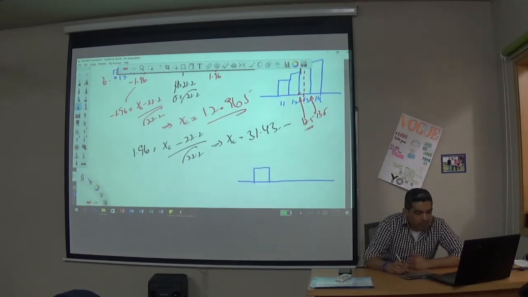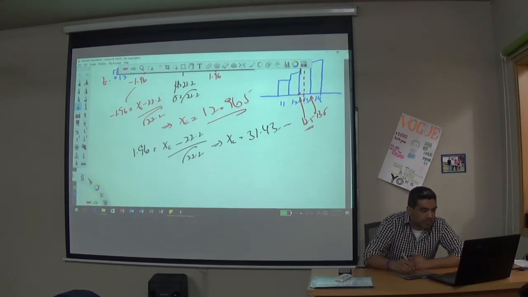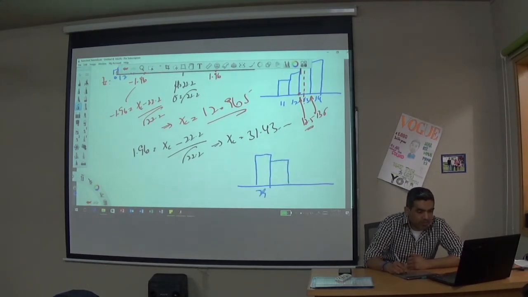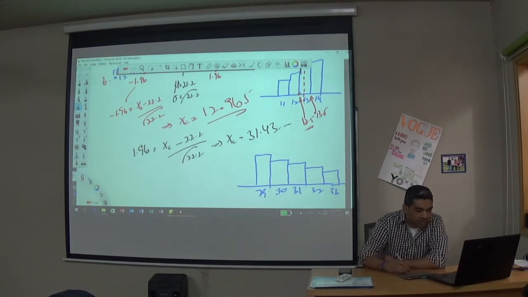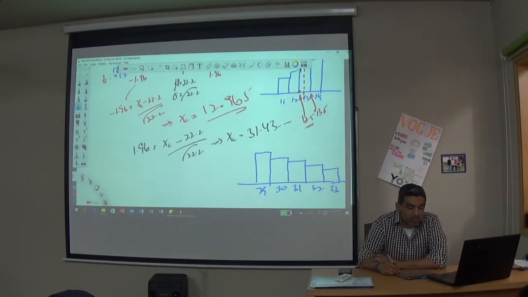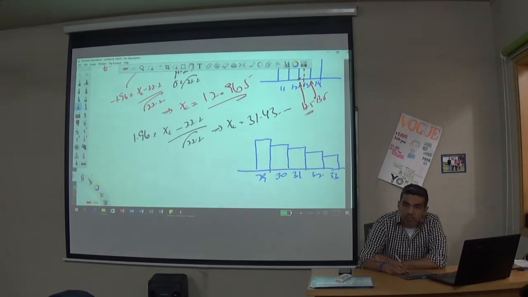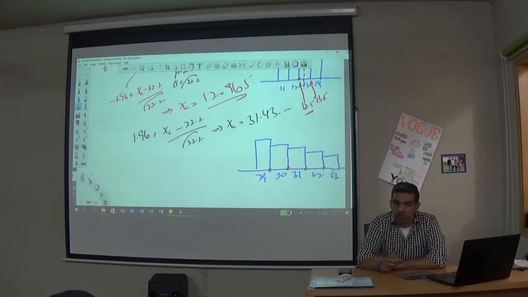Okay, so you have a 29th bar, then you have a 30th one, then a 31, then a 32, then a 33, and so on. Right? Where are you right now? Let me first notify the limits of each bar: 29.5, 30.5, 31.5, 32.5, and so on.